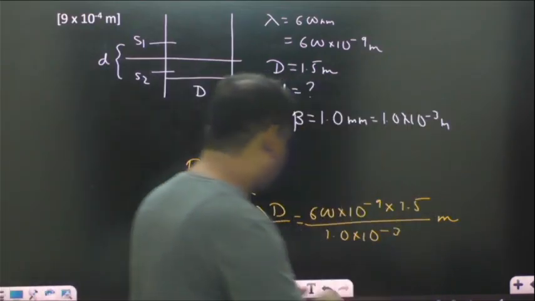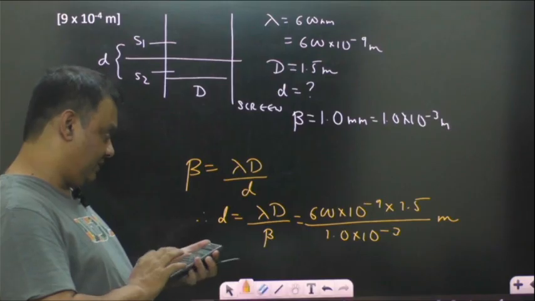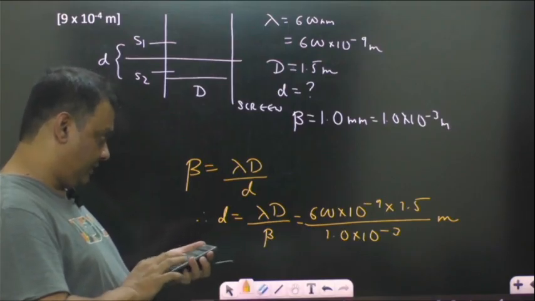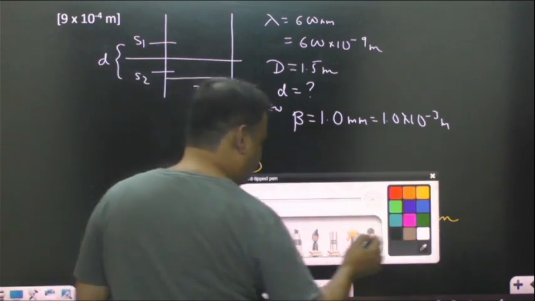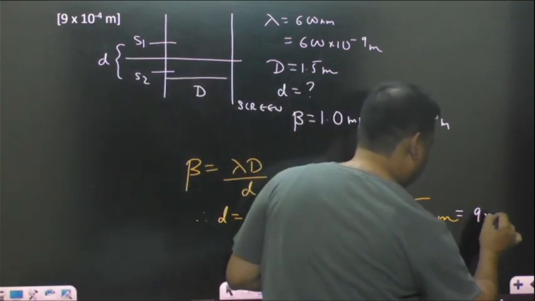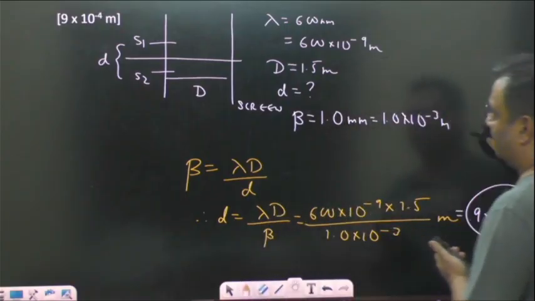So your answer will come to be 600 into 10 power minus 9 into 1.5 divided by 1 into 10 power minus 3, that is 9 into 10 power minus 4 meter. This will be your answer. Got it?